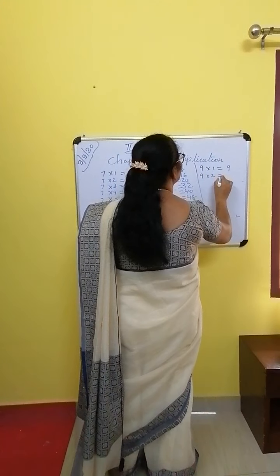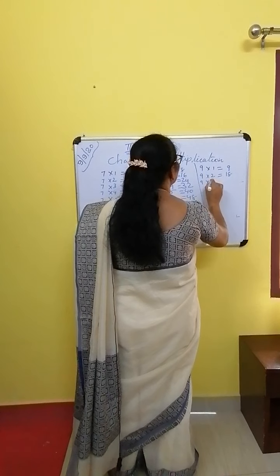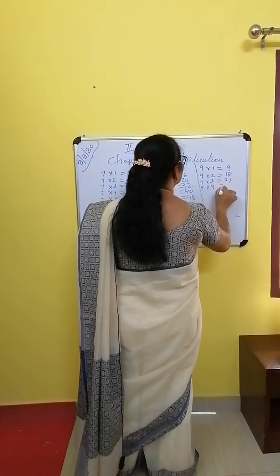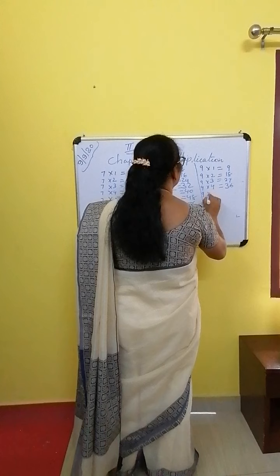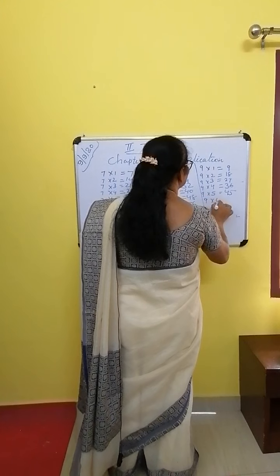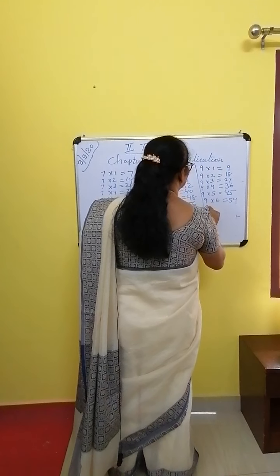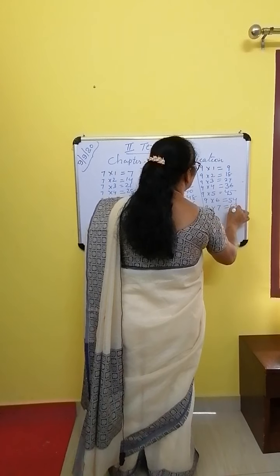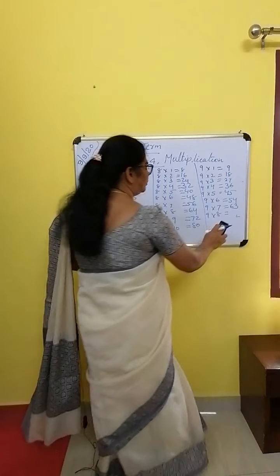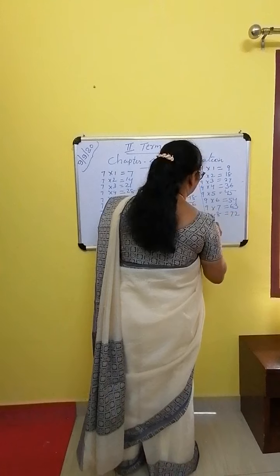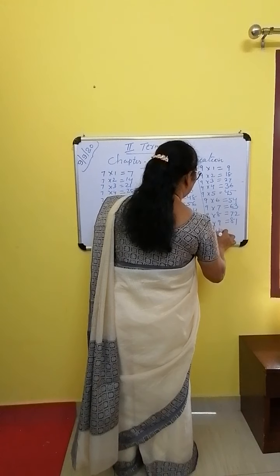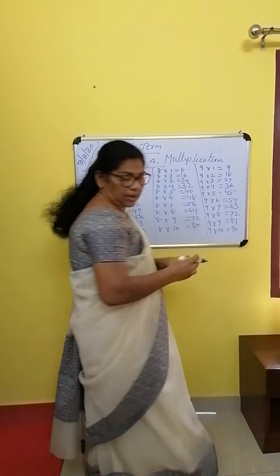Then 9 2 times 18. 9 3 times 27. 9 4 times 36. 9 5 times 45. 9 6 times 54. 9 7 times 63. 9 8 times 72. 9 9 times 81. 9 10 times 90. Okay.